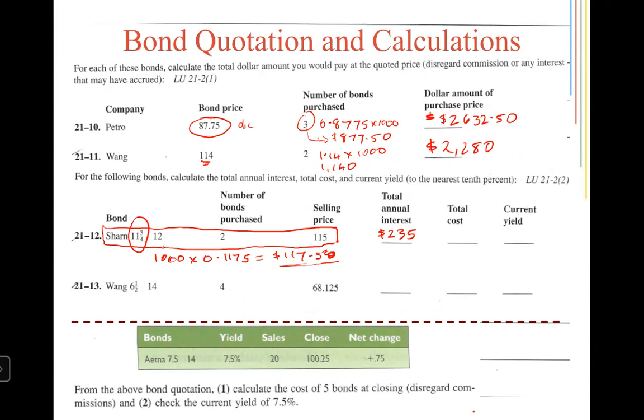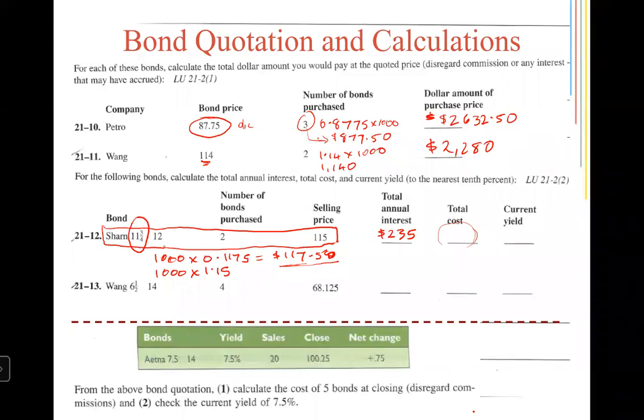Now the selling price of this bond is 115%. So that's what you're going to use to work out the cost of the bond. The bond is being sold at 115%, and it's 2 of them. So let's find out what one would cost. How would we find that out? What's the face value of one bond again? 1,000 times 1.15, because you're changing that 115% to a decimal.